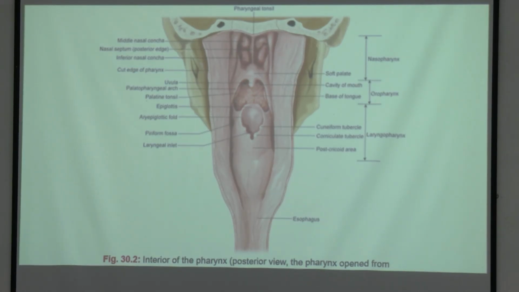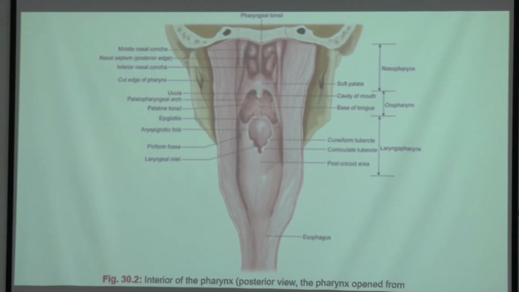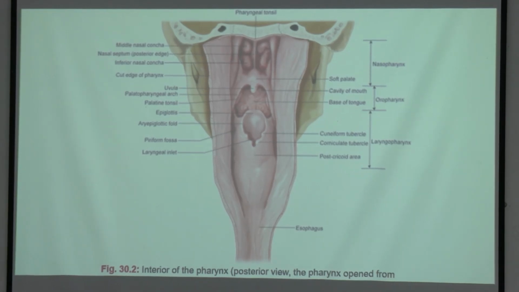So during your duty in the ICU, you have to know which one is the laryngeal inlet, which one is the larynx, which one is the pharynx. Otherwise, you will put the tube in the pharynx or in the esophagus, or vice versa. That means Ryle's tube should be within the esophagus. If you put it in the larynx and start feeding the patient, the patient will die immediately.